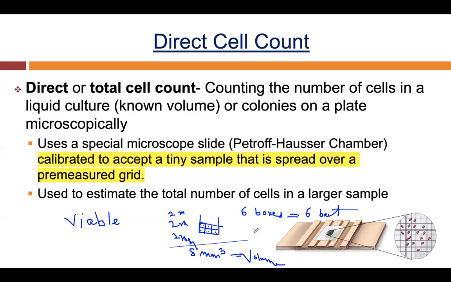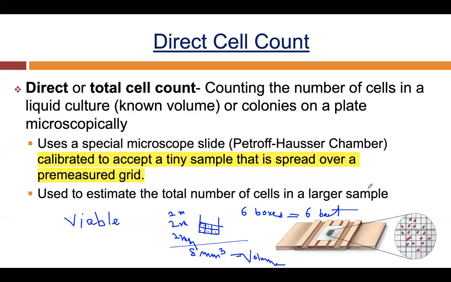Why am I saying it's an estimation? Because sometimes under the microscope, on this slide, you can see a dot-like structure, very small dot-like structure, the bacteria. Not all the time all bacteria are alive. Under the microscope and within this Petroff-Hausser chamber, you really cannot differentiate between dead cells and living cells.